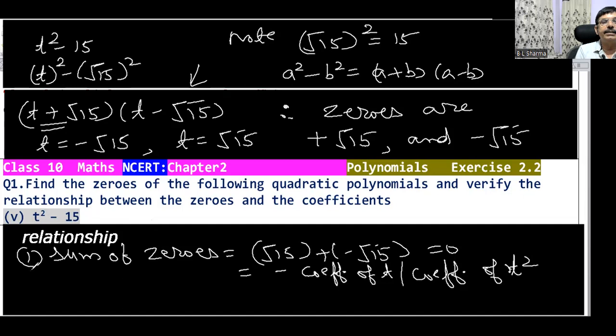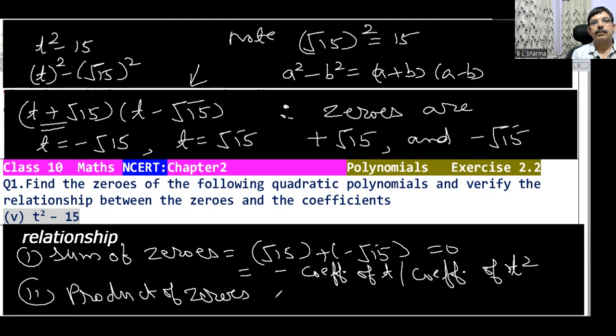And the second relationship is product of zeros. That is constant term over coefficient of t square. Means minus root 15 and plus root 15, that is minus 15. और देखिए ये कांस्टेंट टर्म है, negative 15 and coefficient of t square is 1.